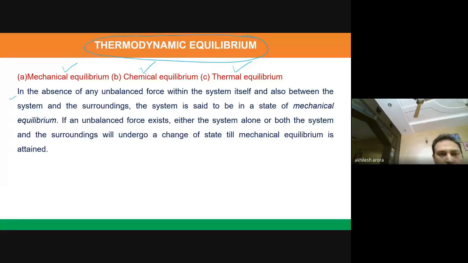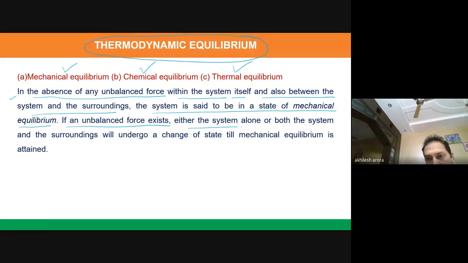In the absence of any unbalanced force within the system itself and also between the system and the surroundings, the system is said to be in a state of mechanical equilibrium. If an unbalanced force exists, either the system alone or both the system and the surroundings will undergo a change of state till mechanical equilibrium is attained.